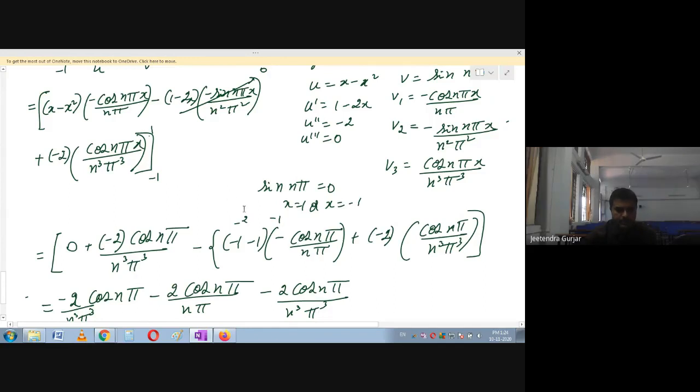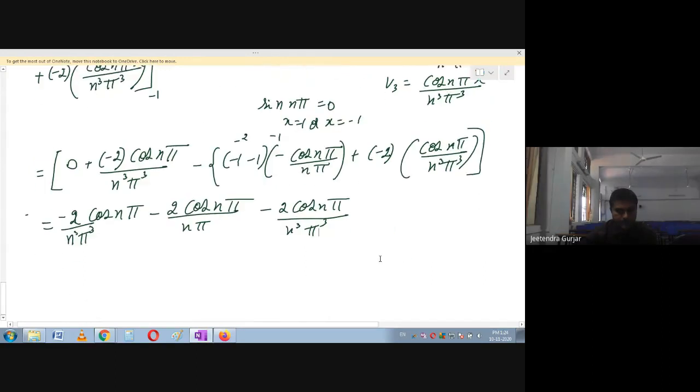Substitute the values. 1 minus 1 is 0, this is 1. So when you put minus 1, yes students, please check.